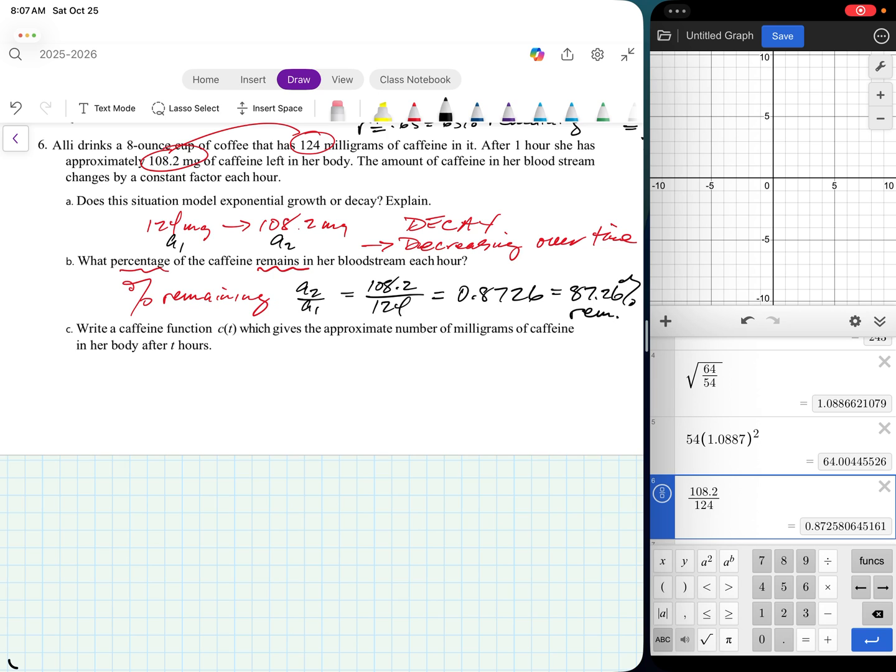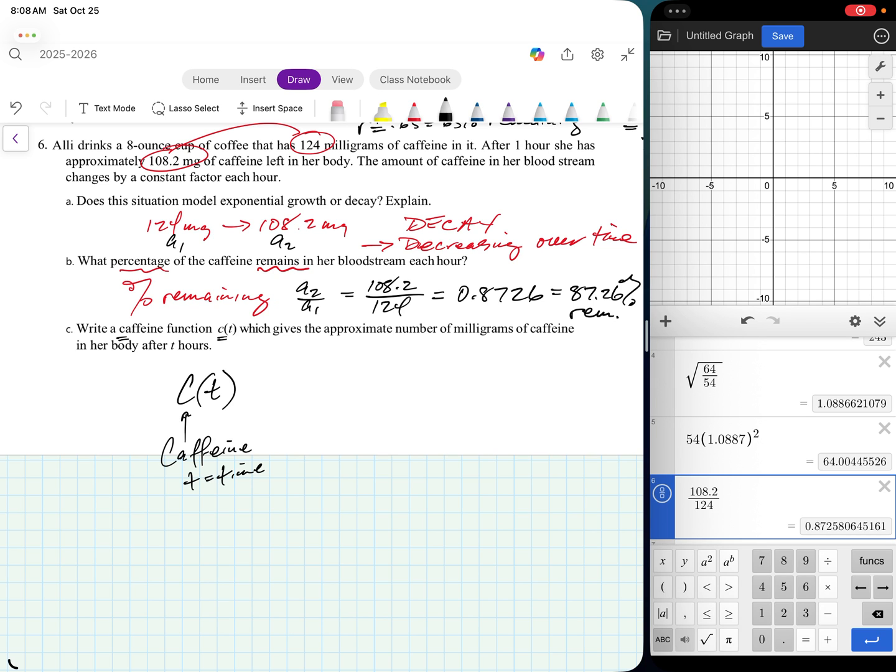We can find the decrease too. We can subtract from 100 to get the decrease if we wanted to, but it's not asked right now. It says write the function C of t. C for caffeine, right? So this is a caffeine function, caffeine over time, C of t, where t equals time in hours after the initial dose.